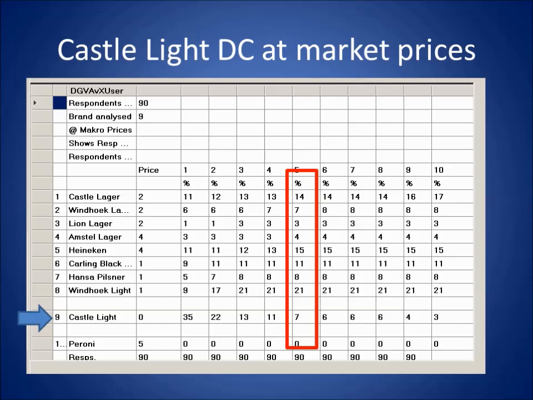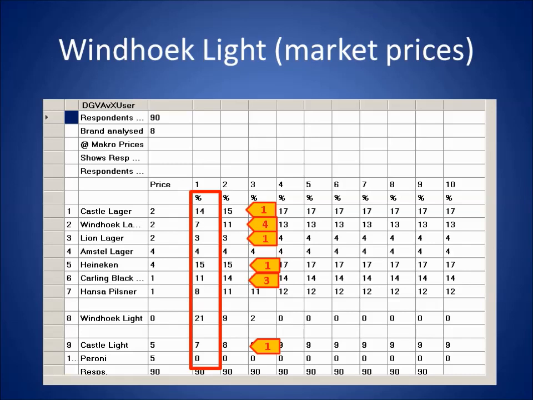And if it decreases its price, well, it gains 4, which is quite a lot, given that it only has 7. But look at the competitiveness. Windhoek Lager is the brand that will gain if it increases price. If it decreases price, that will be Amstel Lager that will lose. Heineken will lose.